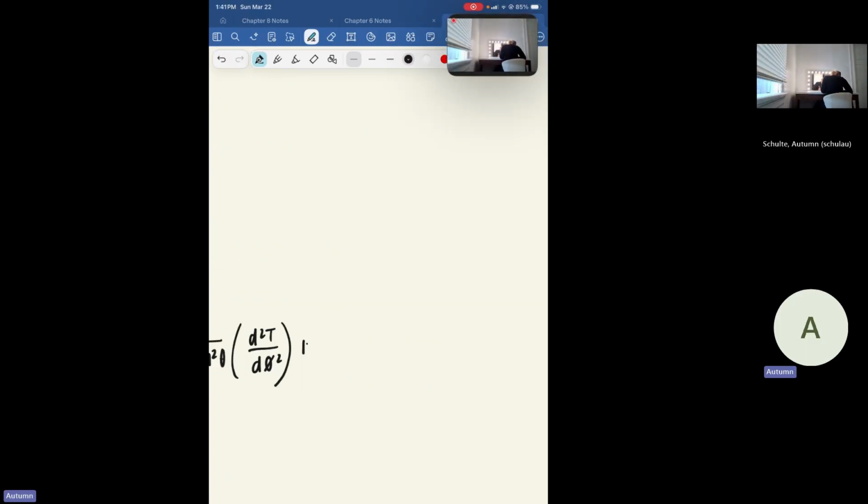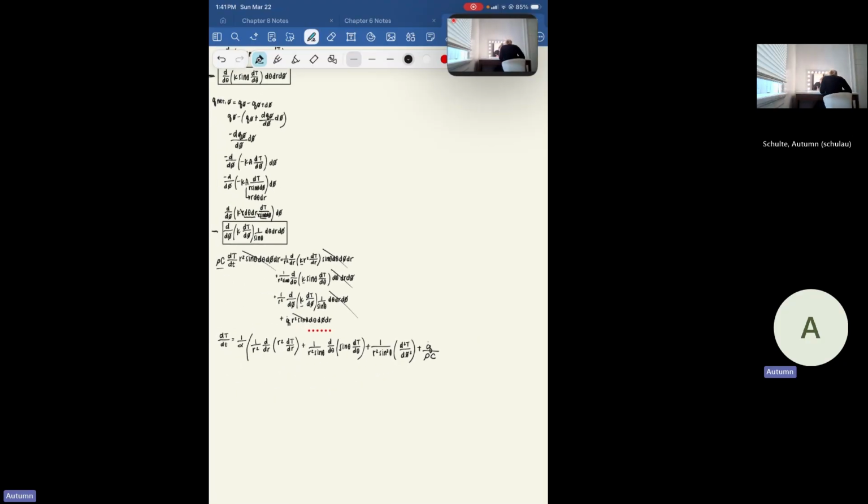And lastly, we're going to add our energy generation term and divide that by rho and c. And that is how you derive the heat diffusion equation using spherical coordinates.